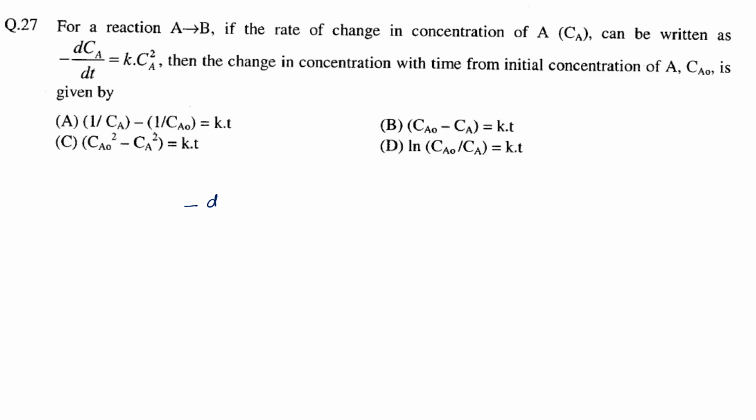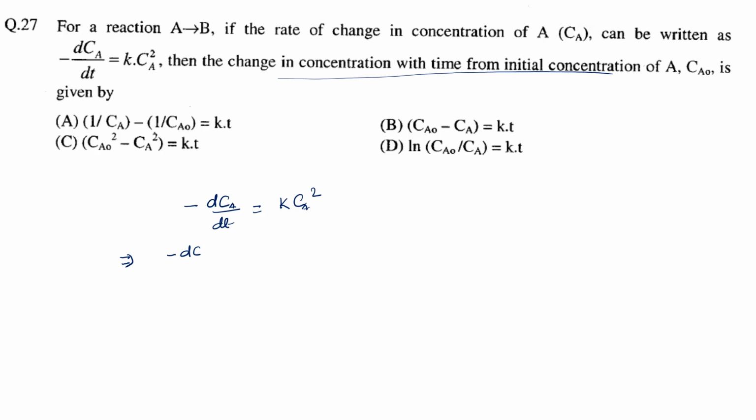So this is the equation, minus dCa by dt is equal to k Ca whole square. Here it is asking for the change in concentration with time, so basically what is the final equation we have? How can we find this? This is more like a mathematical question, not a thermodynamics question.